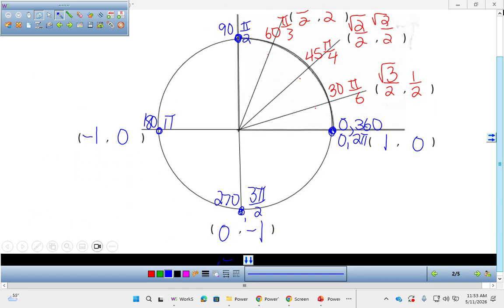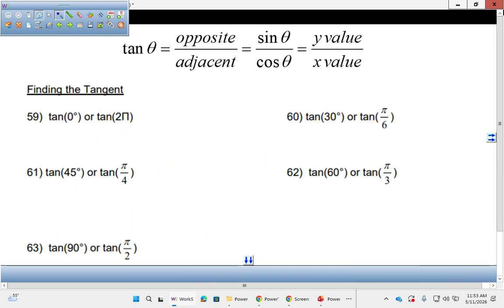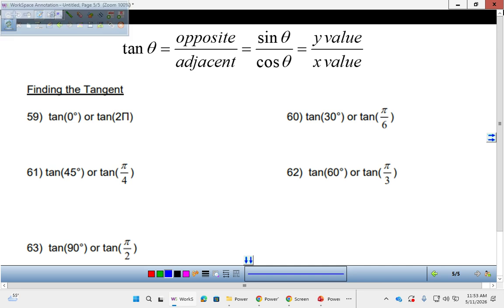The coordinate point at 0 and 2 pi is 1, 0. So I'm going to take the coordinate point, which is 1, 0. I'm just pulling that right from the unit circle. And to find the tangent, I'm going to do the y value divided by the x value.